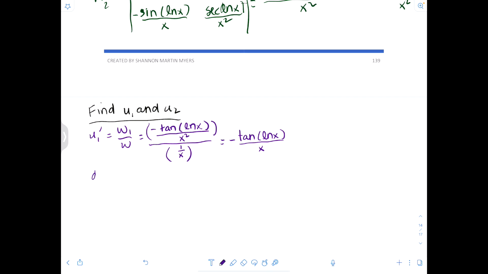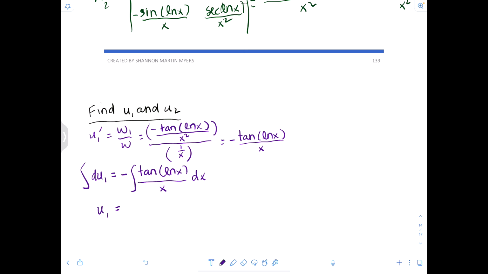So du1 is equal to negative tangent of natural log of x over x. 1 over x is the derivative of what's inside the trig function. So we're good to go on the integration.